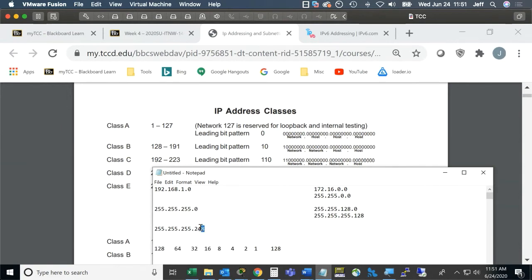And then 252 if we're taking 6, right? And then 254, which you probably won't do because if you're taking all of these, that only leaves you 1 bit, and 1 bit is for the network and 1 is for broadcasting. You have no hosts, right?